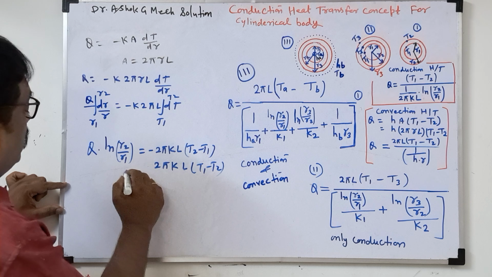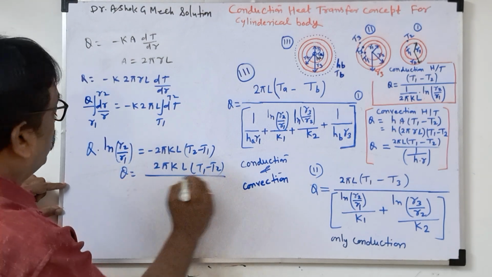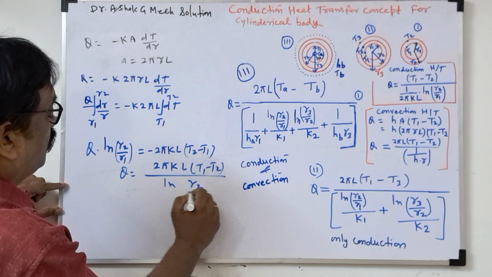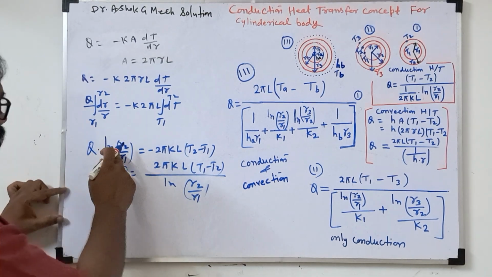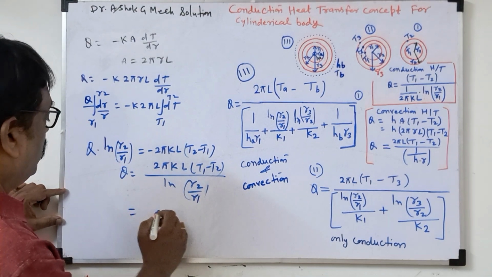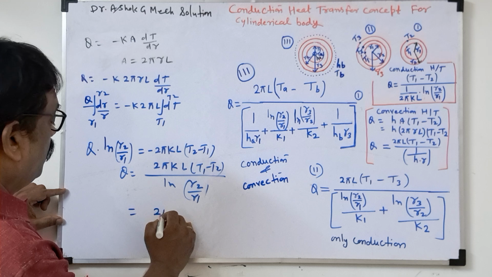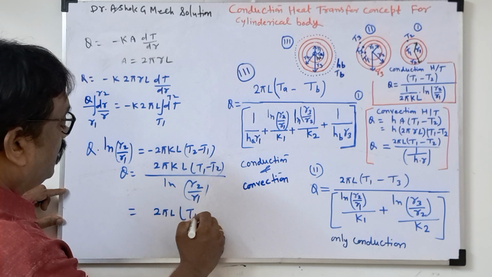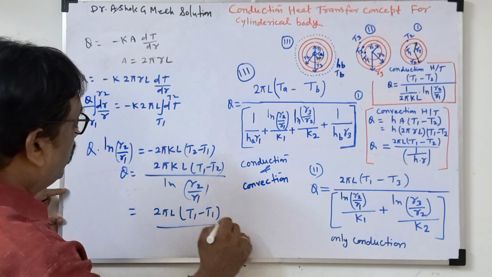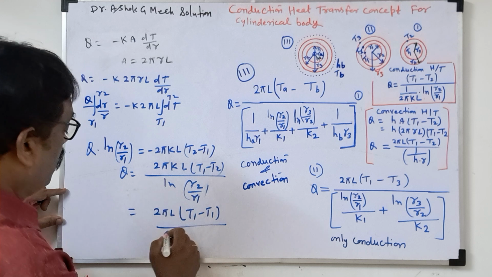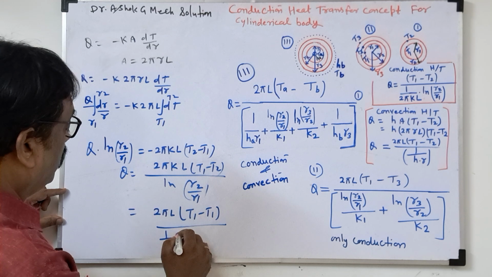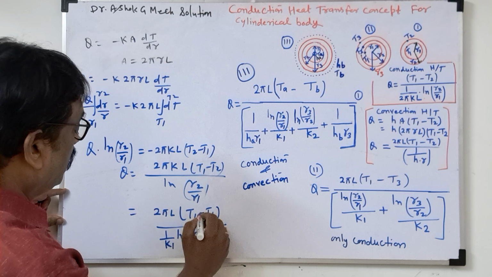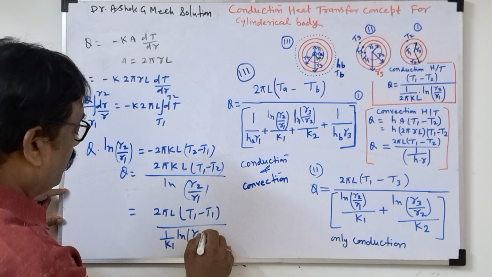If you divide this, Q comes out. Finally, Q is equal to 2 pi L into T1 minus T2 divided by the thermal resistance, which is 1 by K into ln R2 by R1.